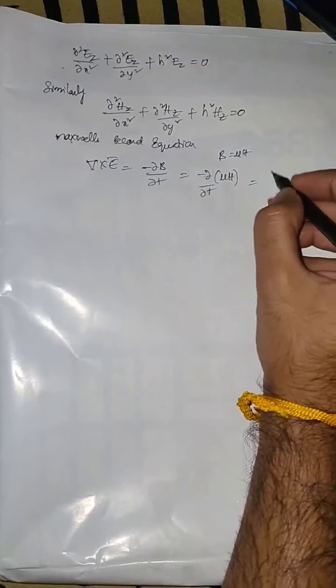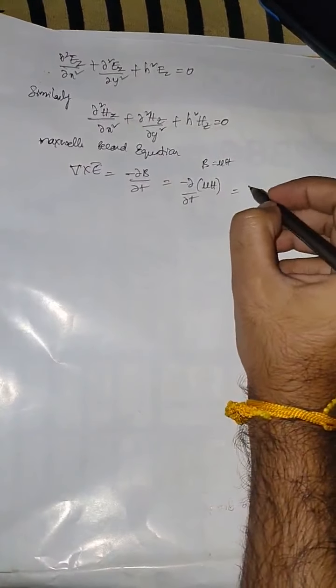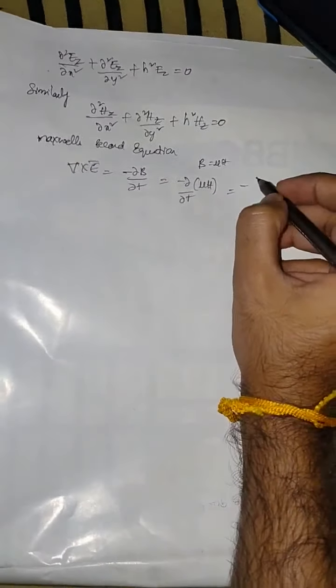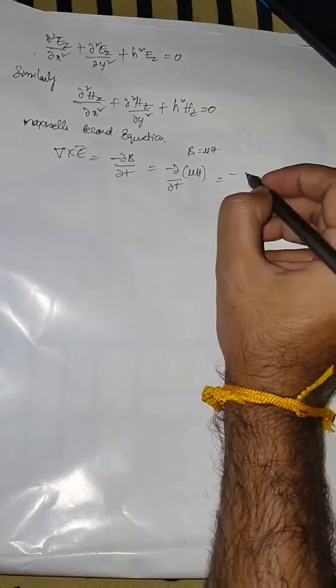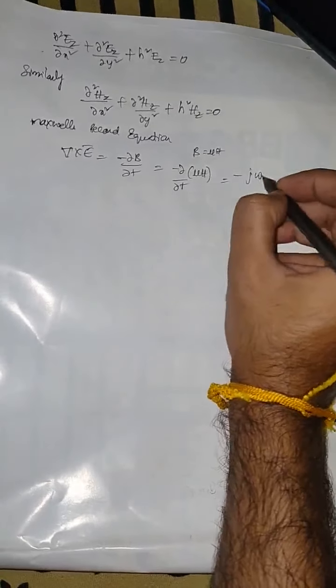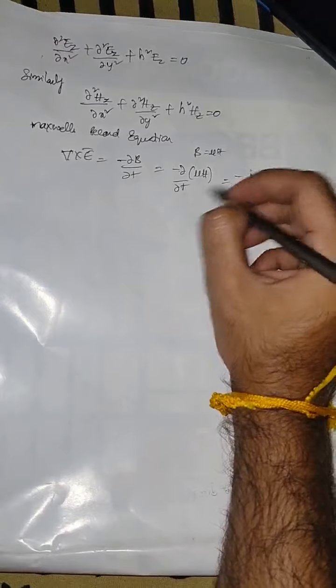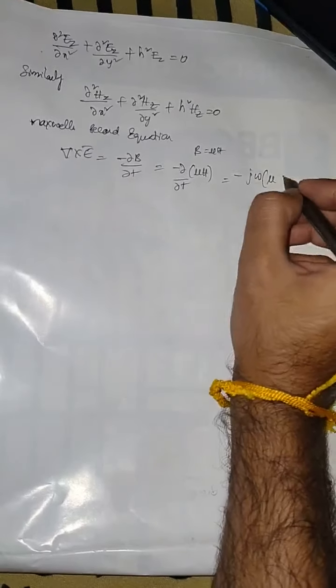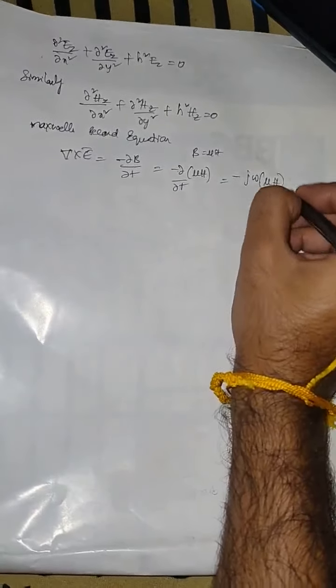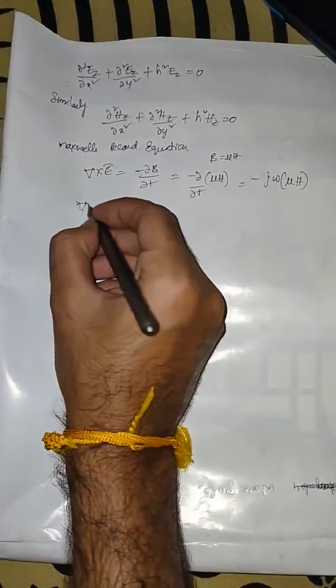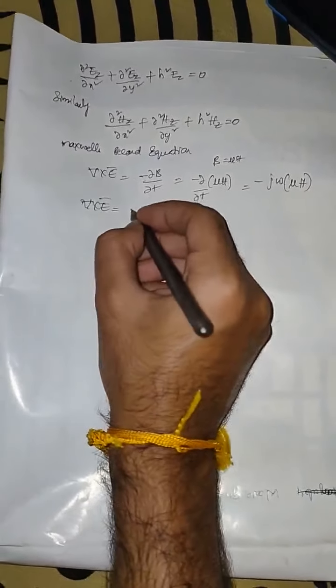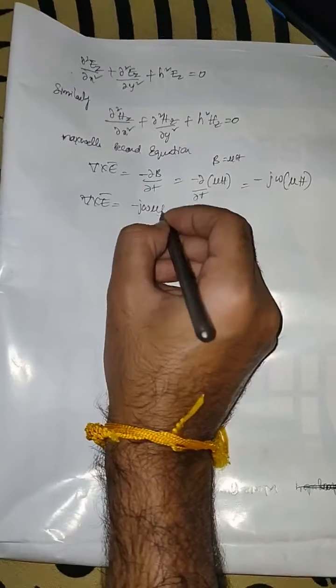So ∂/∂t is jω, and the value is curl of E bar is equal to minus jω μ H.